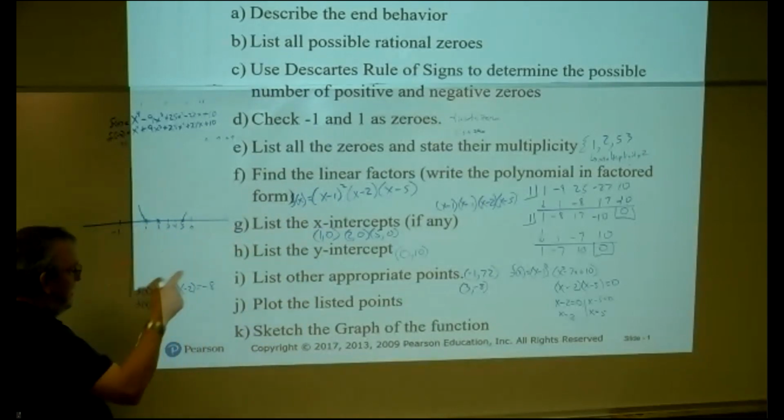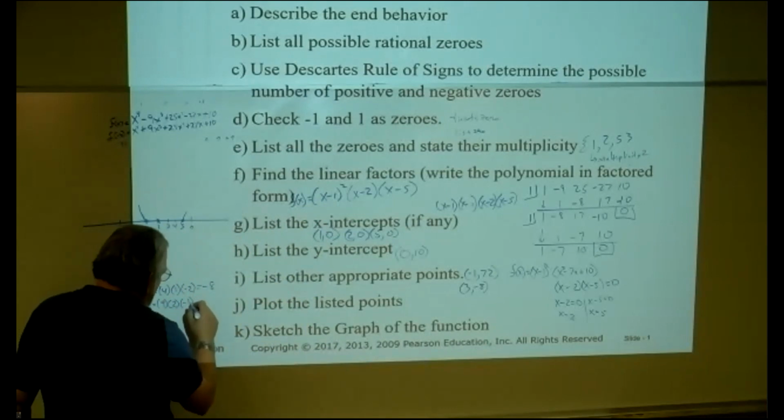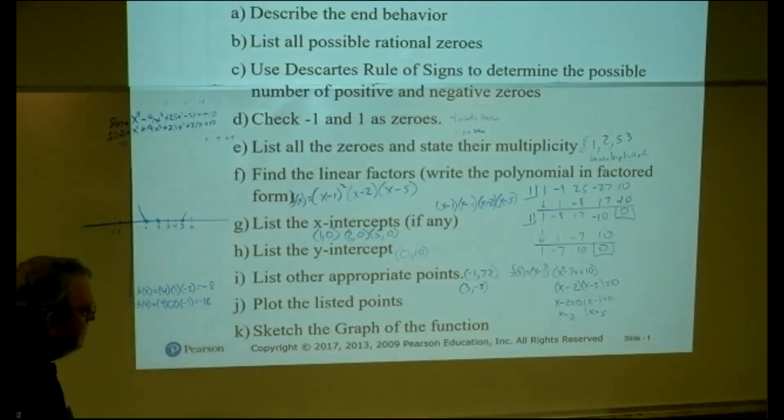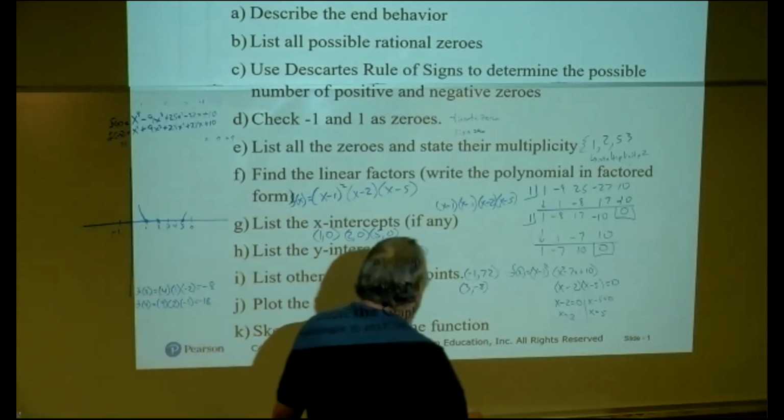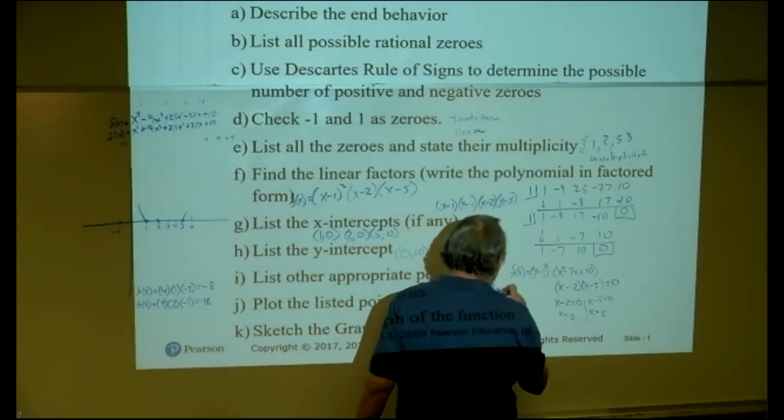And then 4 minus 5 is a negative 1. So this gives me a negative 18. So that's the point for negative 18.